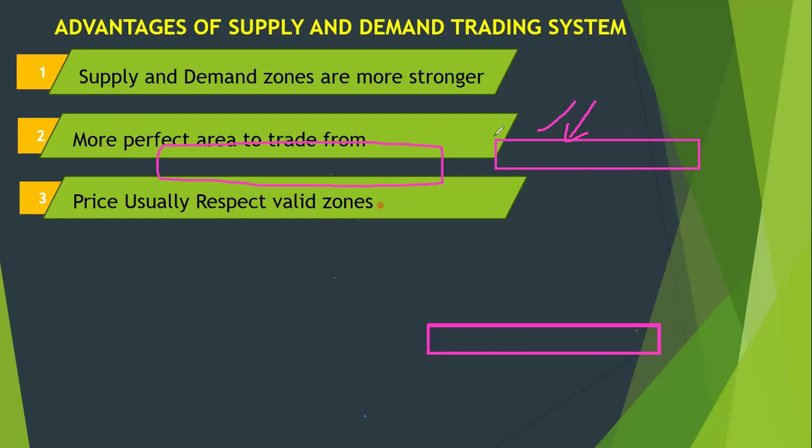So we don't just come up and say we have a supply here. No. What is the convention that this is a valid supply? For us to put a demand or supply on the chart, something must have led to that supply or demand.